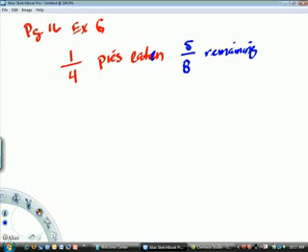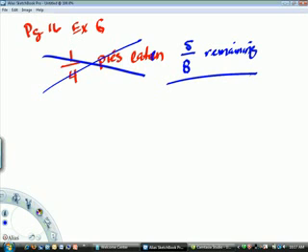It says what percent of the pies were not eaten. Okay, so this here is useful information. It's useless information. The 1/4, this part, we don't need it, because the only thing it's asking us is how much of the pies weren't eaten. And we look at this right here. It says 5/8 of the pies were remaining when he went to leave. So how much of the pies weren't eaten?